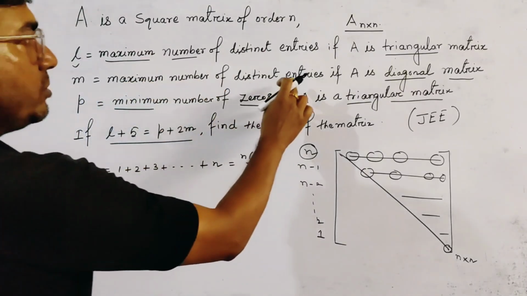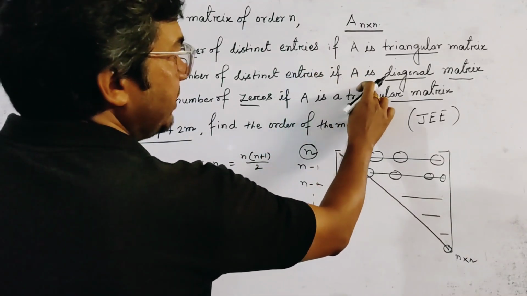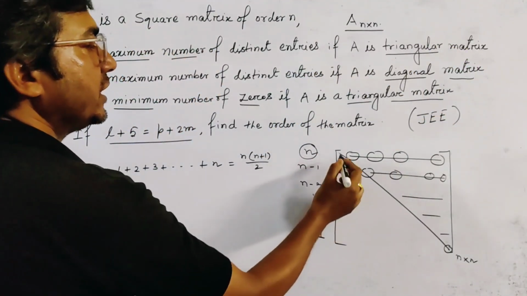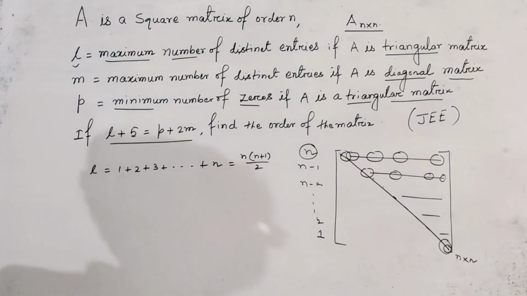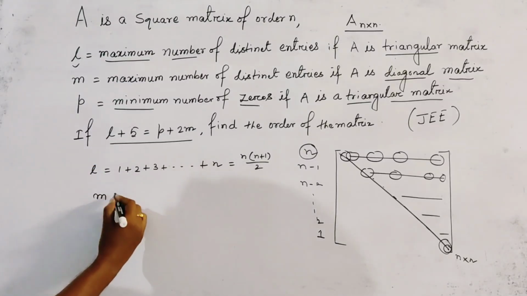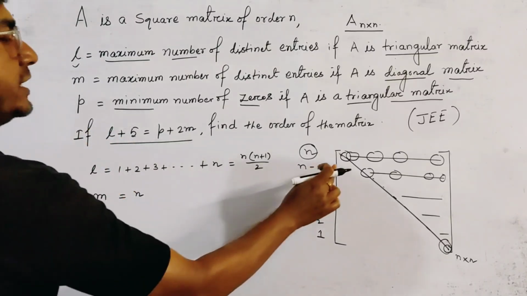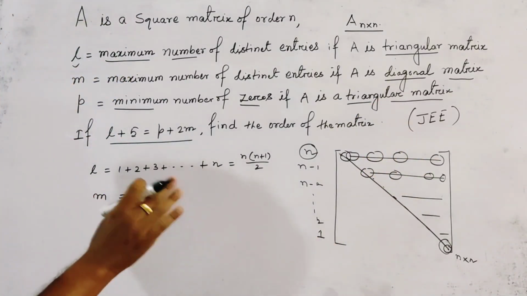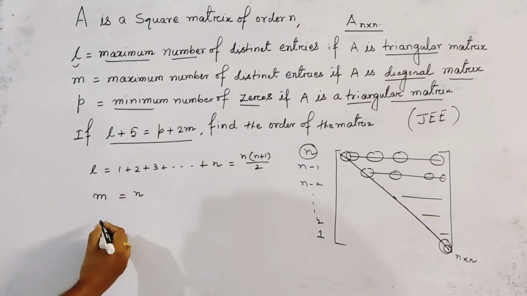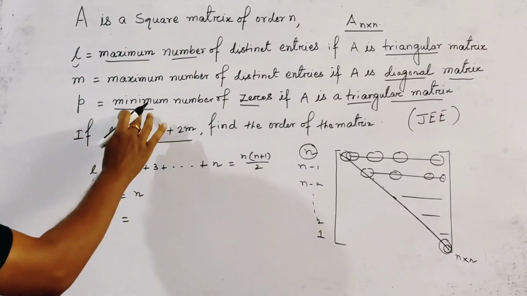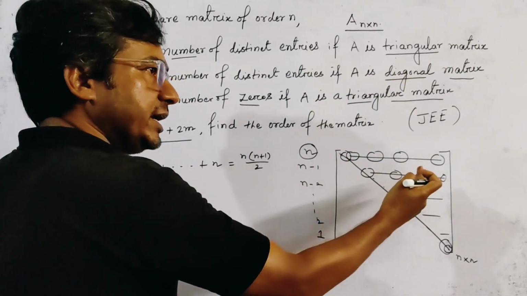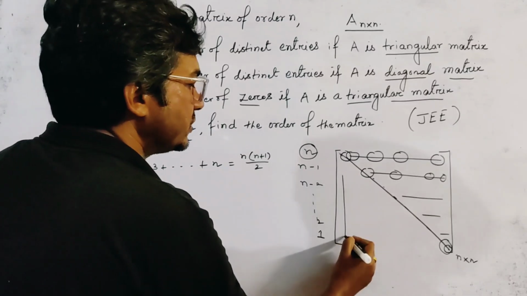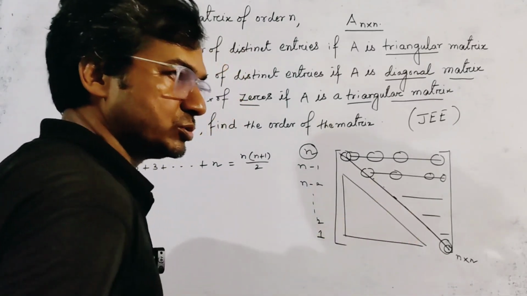Now the maximum number of distinct entries of A if A is diagonal. We know that in a diagonal matrix, there are only n entries that are distinct and the others are 0. So we get M equal to n. And for P, this is given by the minimum number of zeros if A is a triangular matrix. If we take it to be upper triangular, then all these elements must be zeros.